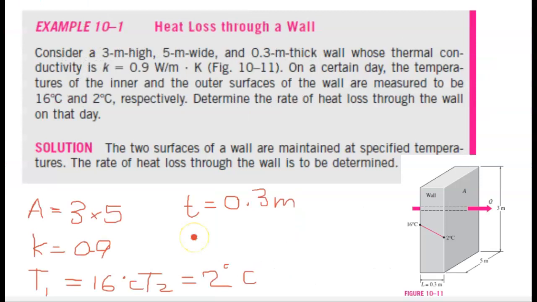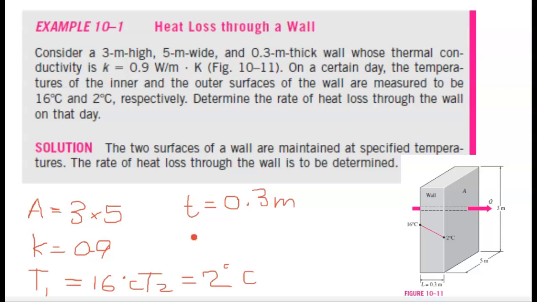Okay, we want to find the heat loss through a wall. There is a wall 3 meter high, 5 meter wide. We can find the area, 3 times 5, and the thickness is 0.3 meters. We need to make sure everything is in SI units. The value for the K, which is the thermal conductivity of the wall, is 0.9 watts per meter Kelvin. And on a certain day, the inner temperature and the outer temperature were measured.